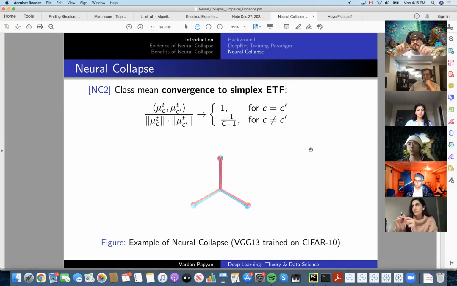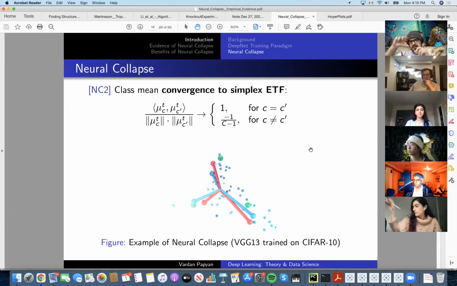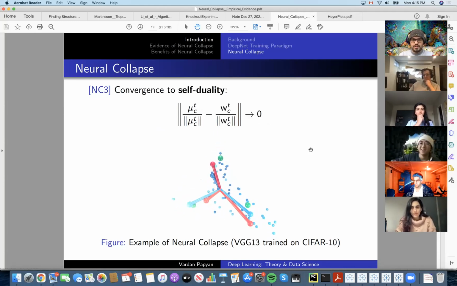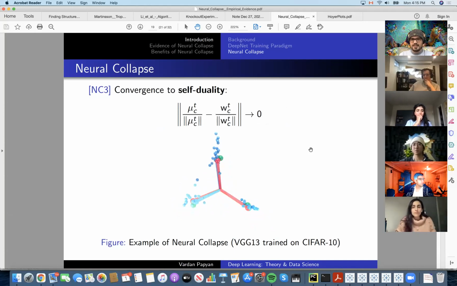Every pair is creating this perfect angle. I don't know how to do it with my hands; I guess that's what we have in the animation. The third property was convergence to self-duality, which said that the class means and the classifiers converge to each other.